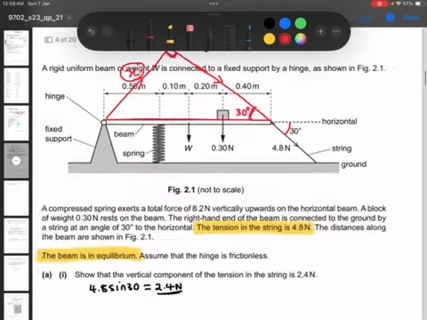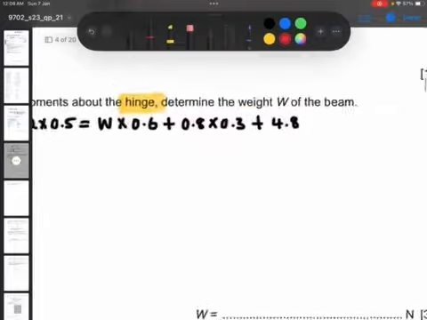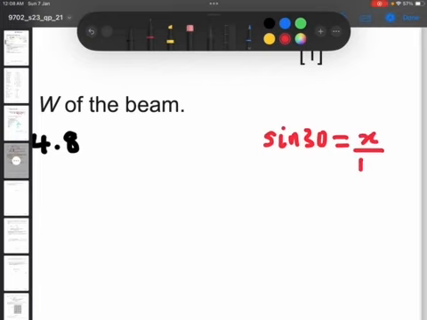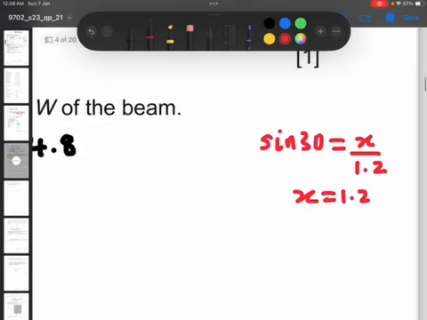So obviously we use sine theta. We stop for a while and say, okay, since we know that theta is 30, sine 30 is opposite, which is x, over hypotenuse, which is 1.2. So the x which we are looking for, which is the perpendicular distance, will be 1.2 times sine 30.